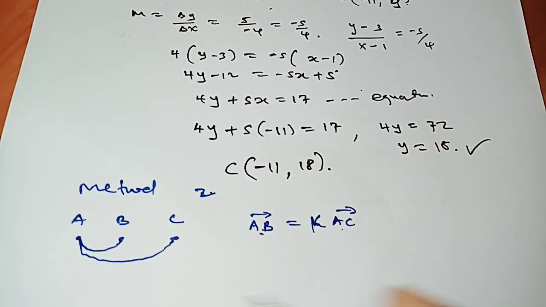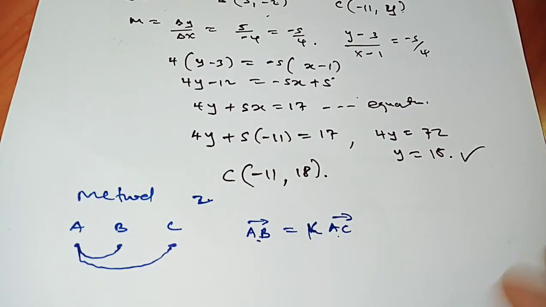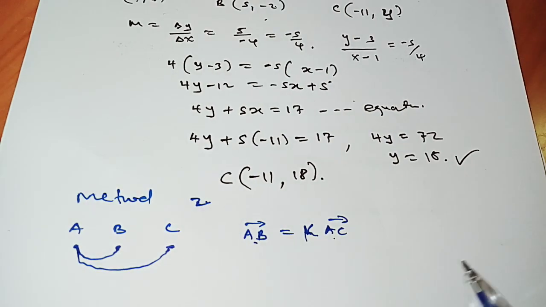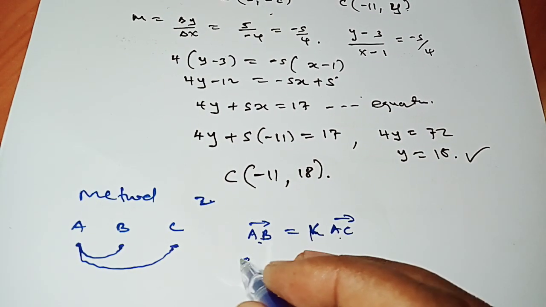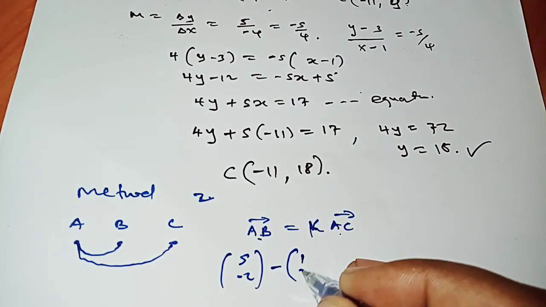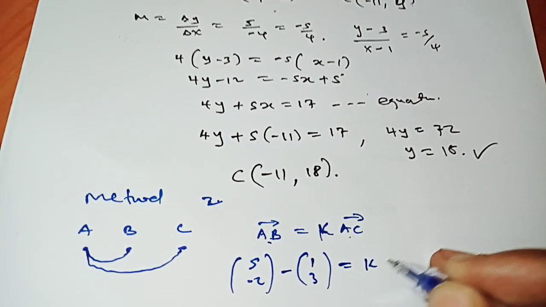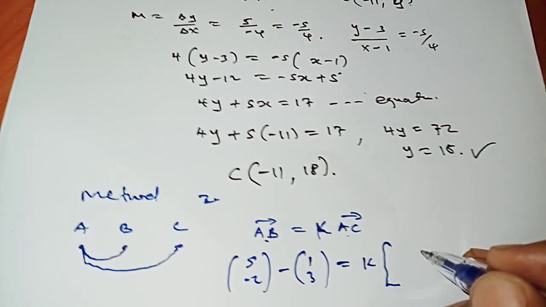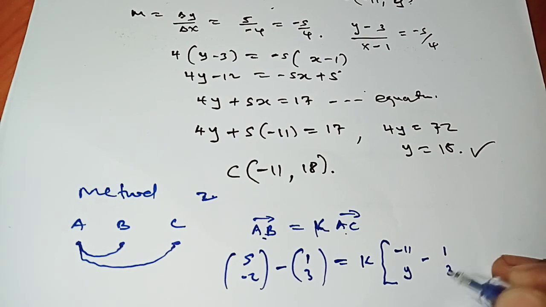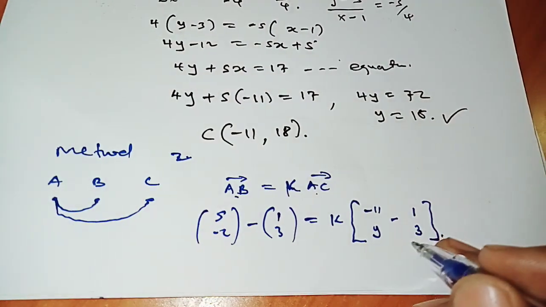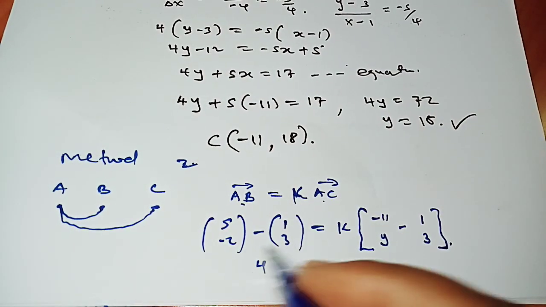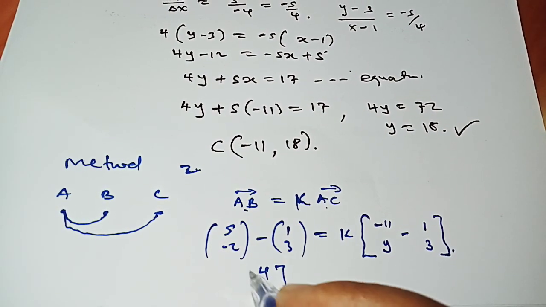Okay, so very quickly we know that point A is 1, 3 and point B is 5, -2. When you subtract, you have (5, -2) minus (1, 3), and you say this is equals to k into C, which is (-11, y) minus (1, 3). So by so doing, we are going to have 4, and then here we have minus 5.